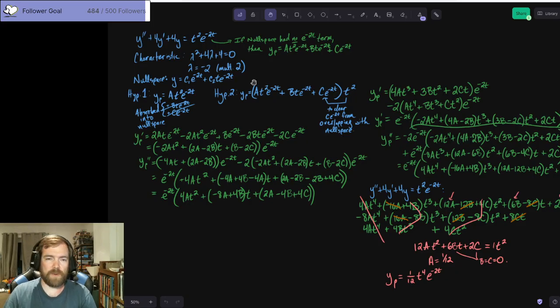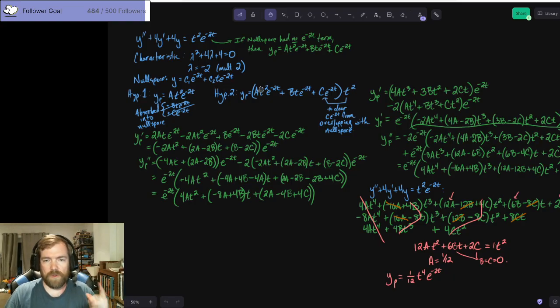This means that we need to take hypothesis 2 here. We need to take our quadratic and bump it up by a degree such that none of those terms are going to be overlapping with our null space solution. So we can't have an e to the negative 2t term, and we can't have a t e to the negative 2t term.